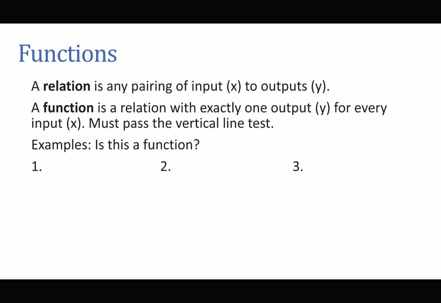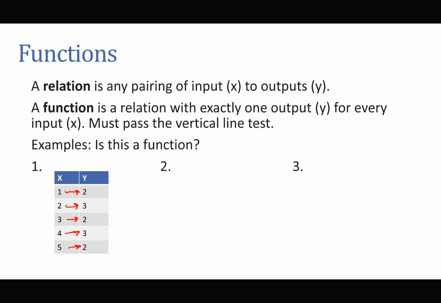Okay, so if I gave you a table and asked, is this a function? Well, I have here 1 goes to 2, 2 goes to 3. So I'm kind of doing this like a mapping at the same time. 3 goes to 2. That's fine, because 1 went to 2, 3 can also go to 2. 4 goes to 3, and 5 goes to 2.